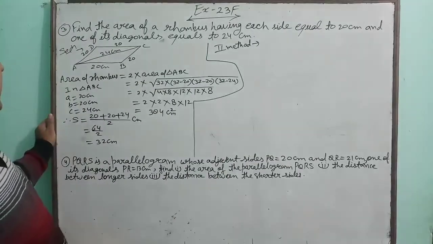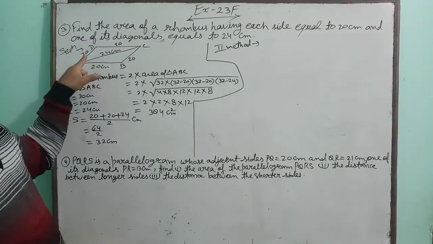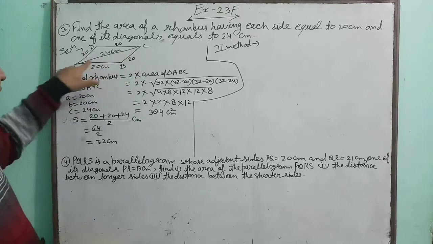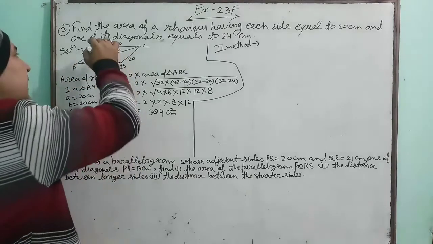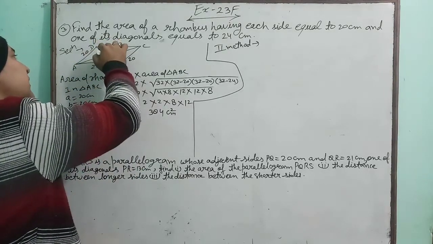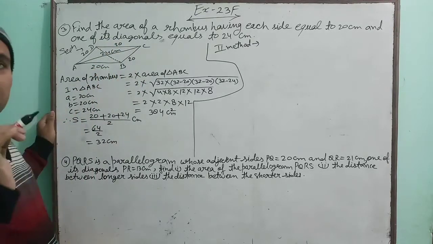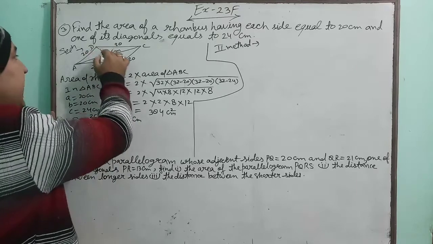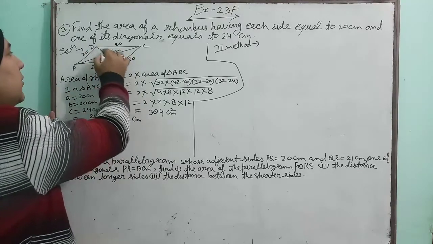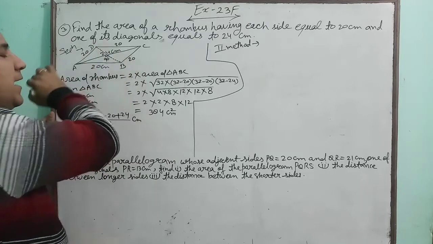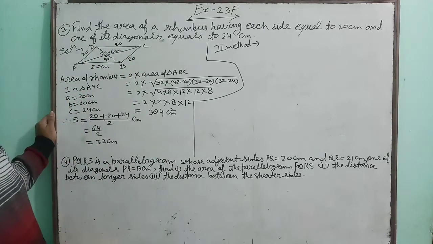You have read that area of rhombus is half of product of the diagonals. One diagonal is given. Can we find the second diagonal? Answer is yes. But you have to remember, diagonals of a rhombus bisects each other at 90 degree.